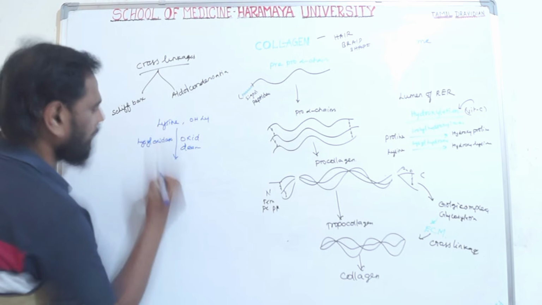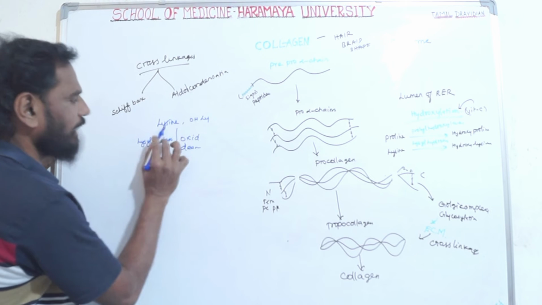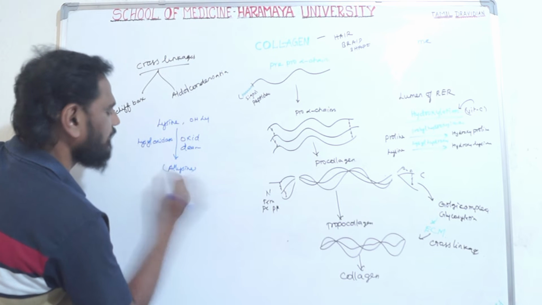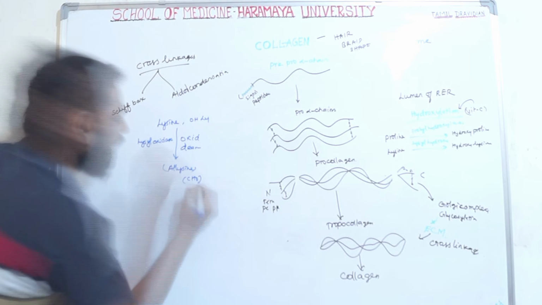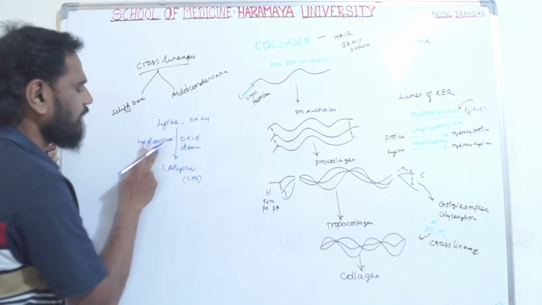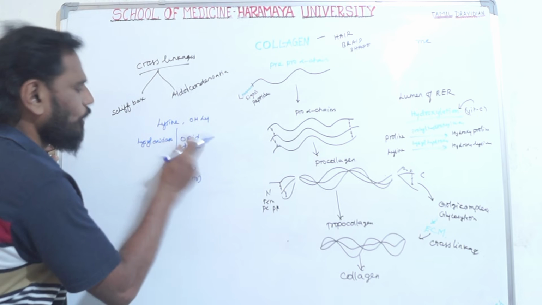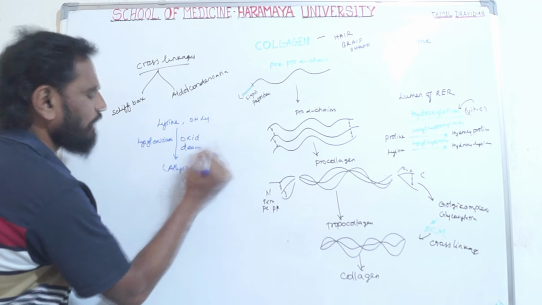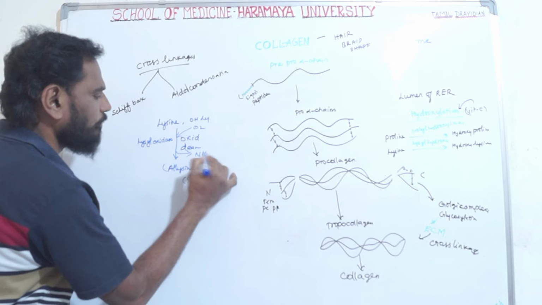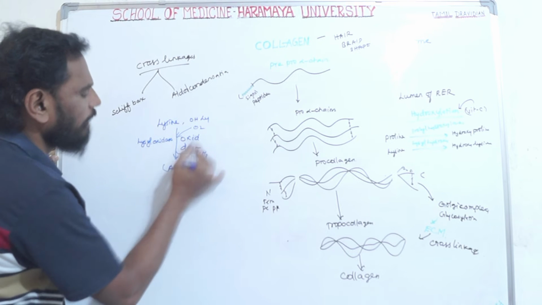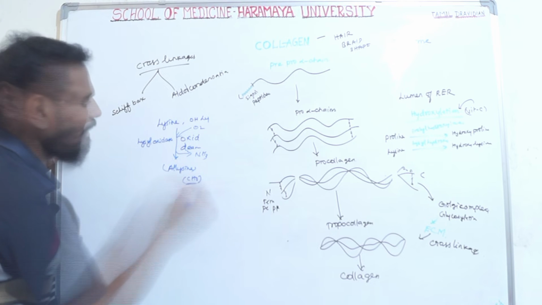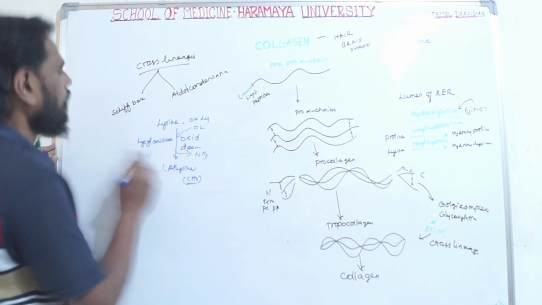Then lysine and hydroxylysine are converted to allysine. Allysine contains an aldehyde group. Clear? Oxidative deamination means we are adding an oxygen molecule to remove the amino group. Clear? So that is called oxidative deamination. Then it forms allysine, which contains an aldehyde group.